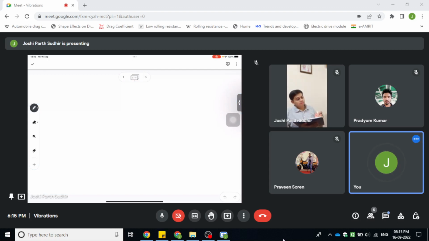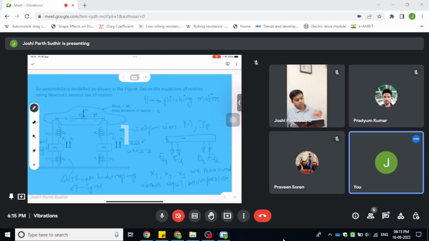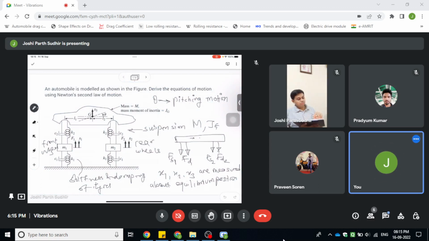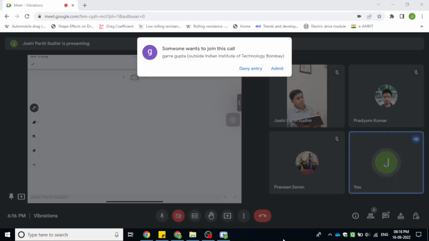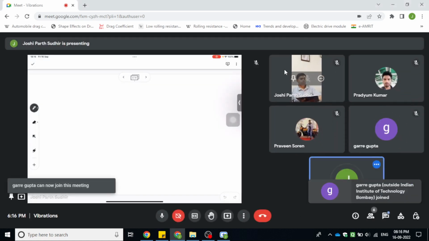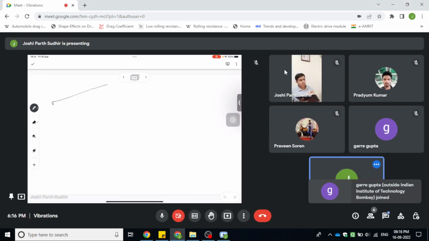Now if we try to draw the free body diagrams for the masses m1 and m2 as well, I'll just draw the free body diagram of the car body again, which will show the pitching motion as well.